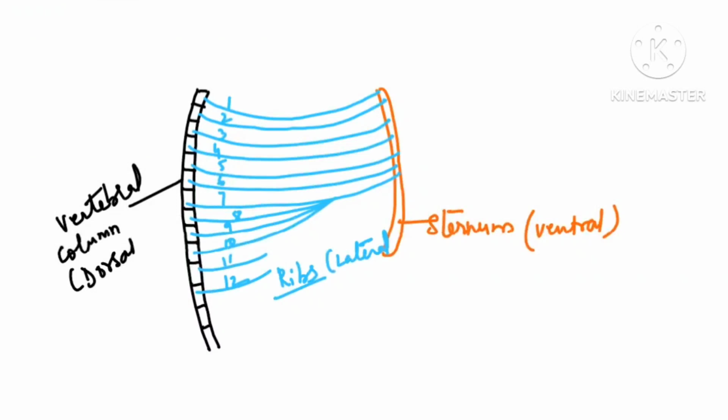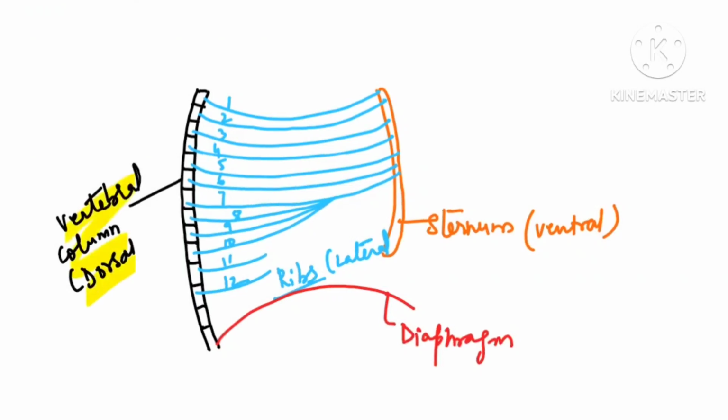And this is the diaphragm, which is dome shaped. So your lungs are present in a thoracic chamber which is lined by the vertebral column on the dorsal side, the sternum on the ventral side, and the diaphragm on the posterior side.